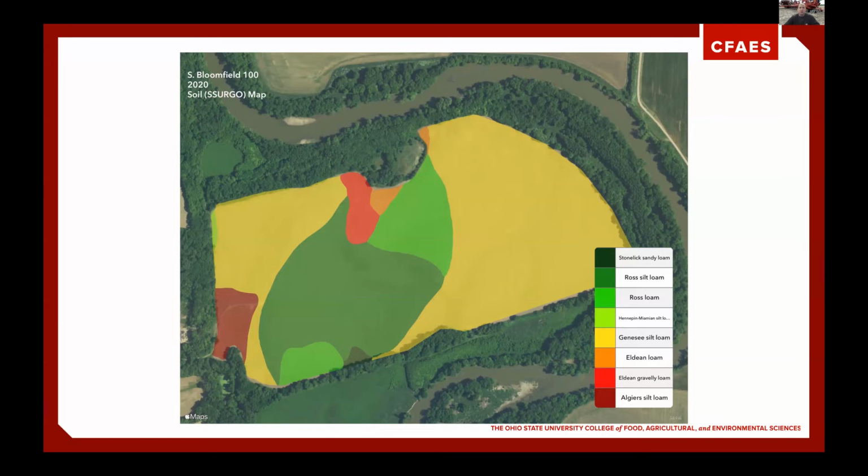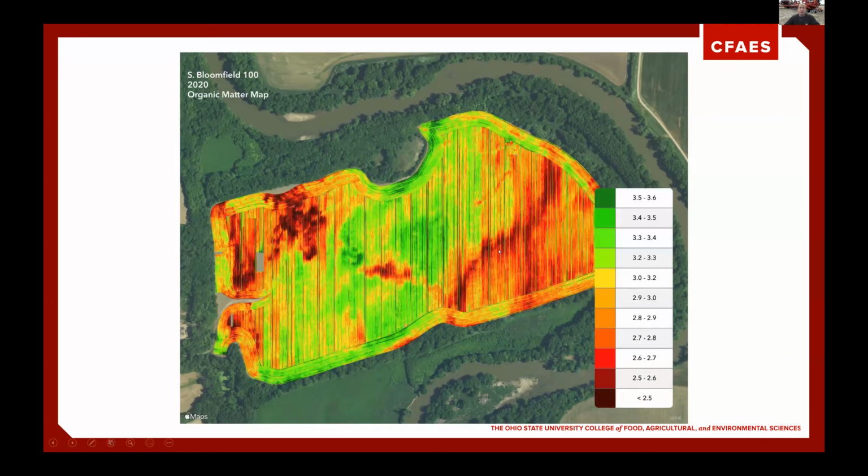When we look at the soils in this field, we're overall very consistent. And although this is a USDA SSURGO soil map, we're actually going to look at some Smart Farmer data to help us better understand what that field looks like. So this is our range of organic matter throughout the field.